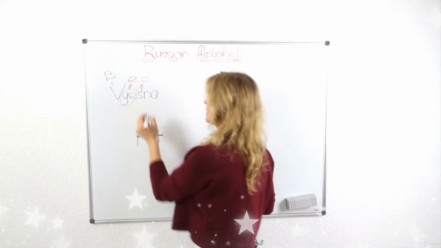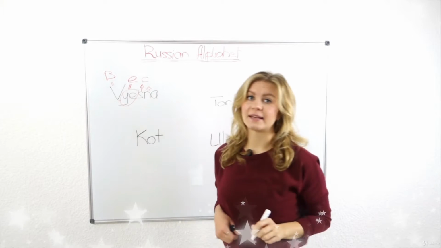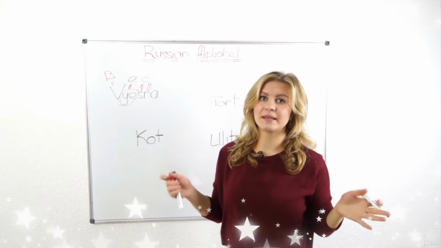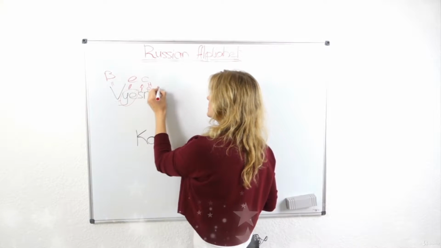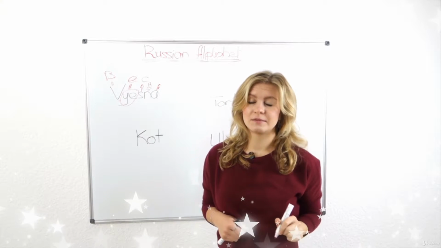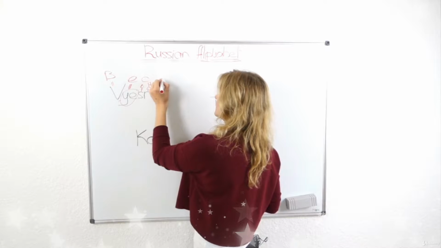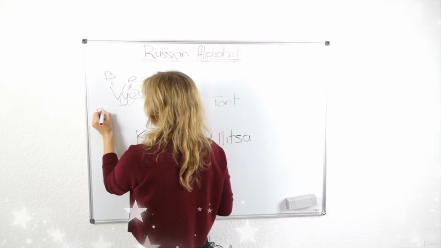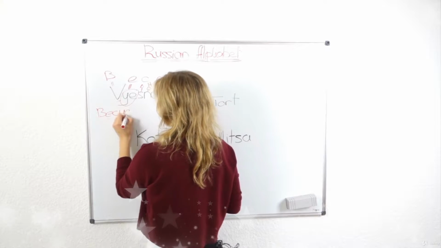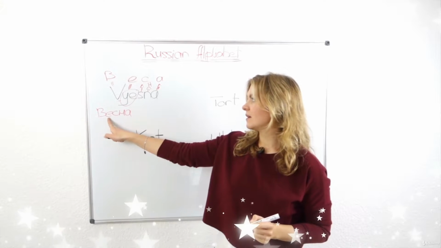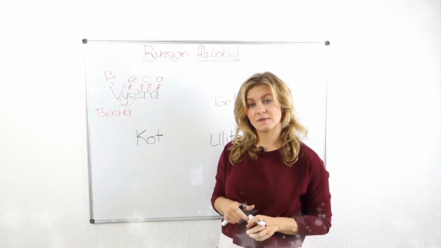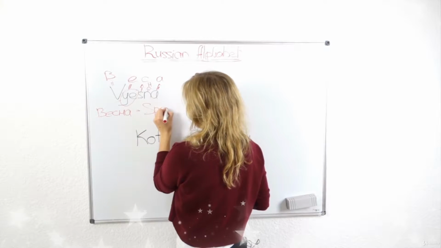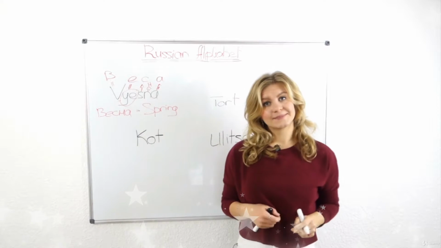C, S. N, like in November, written like big H in English. And A, like in Atlas. Then all together we have the word which is written Весна, Весна, which means in English spring.